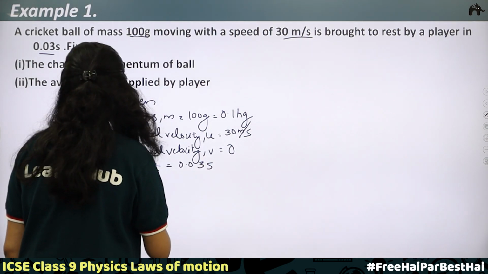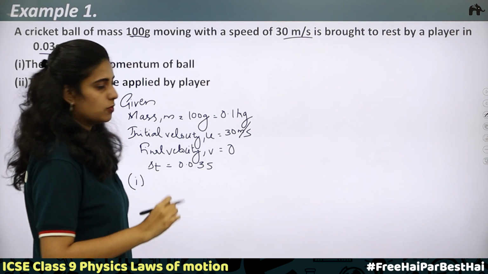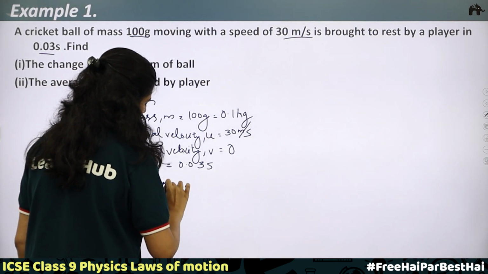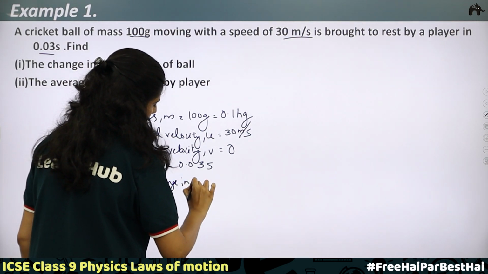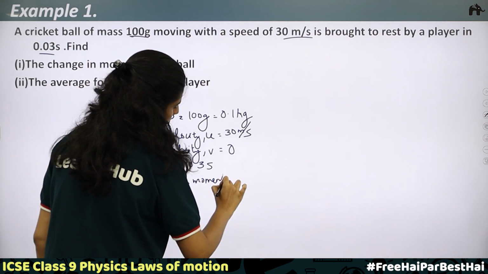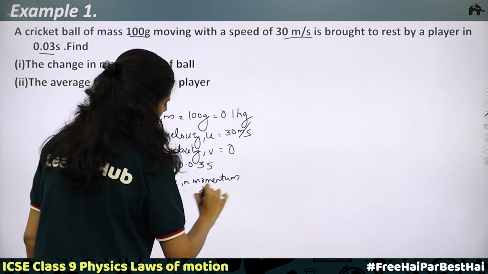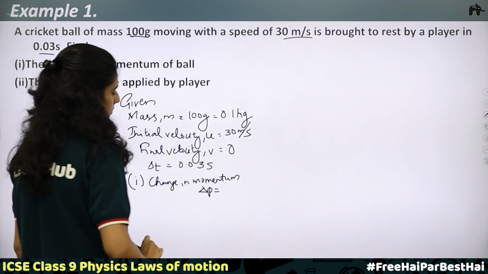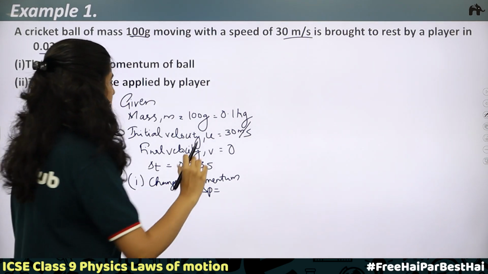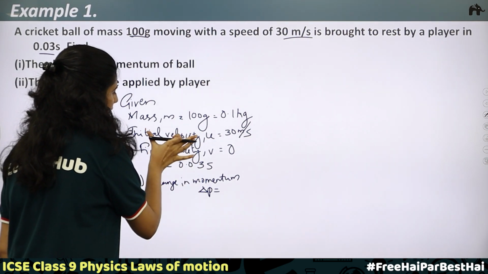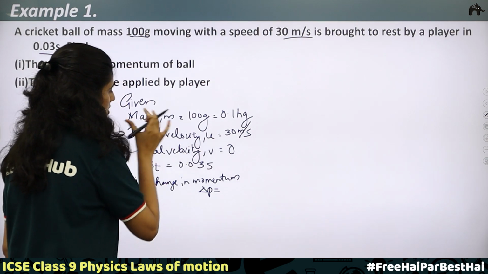So, the first part of the question, we have to find the change in momentum of the ball. Delta p is equal to, what is change in momentum? Here, we have initial velocity, final velocity and mass.